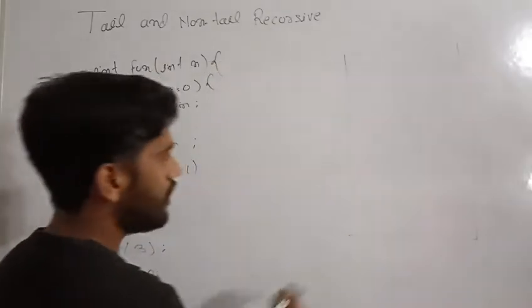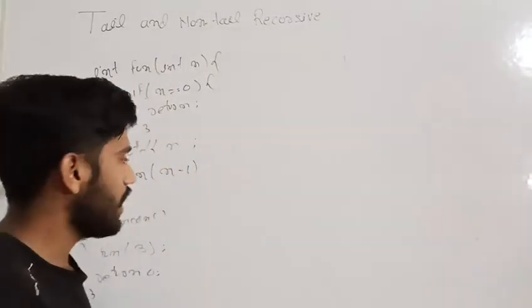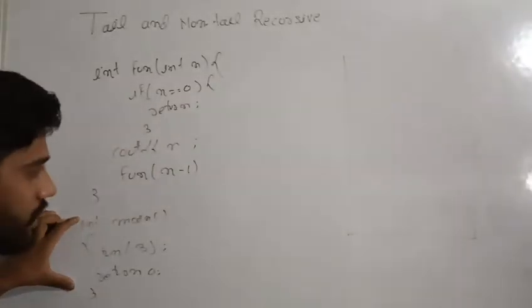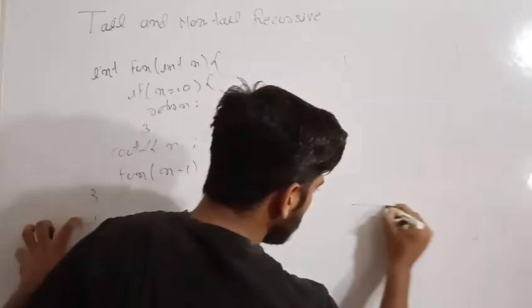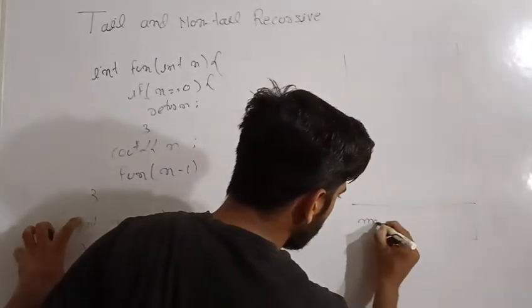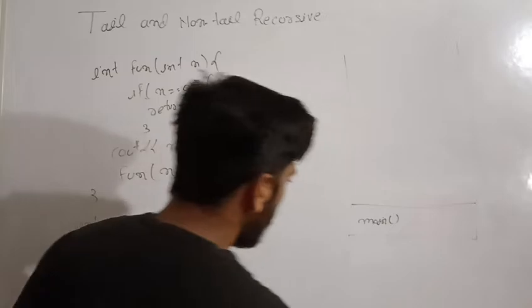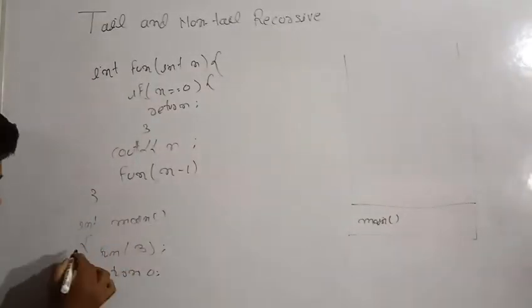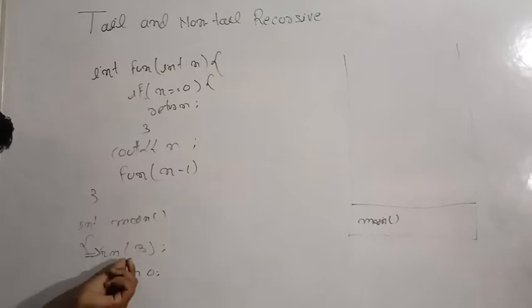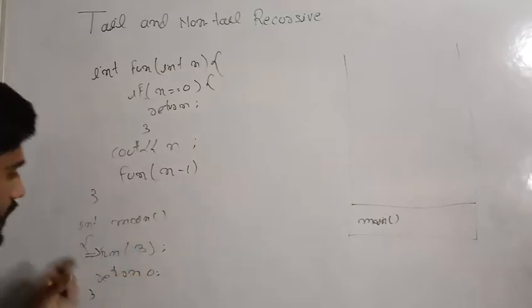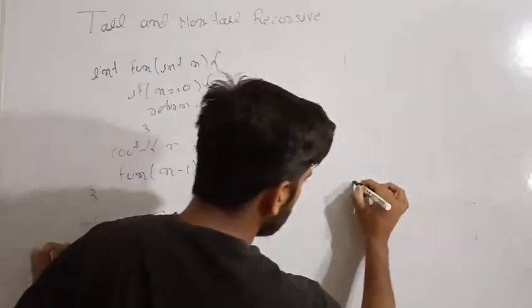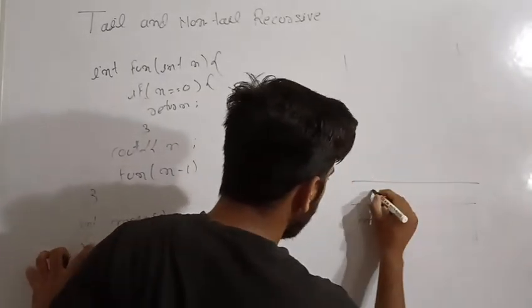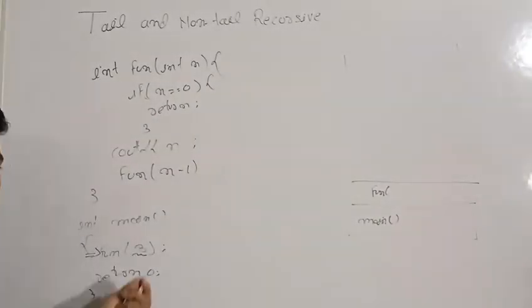This is the stack in memory. When the main function is invoked, it will be created in memory first. Then when the controller enters the main function, the func function will be invoked and take a stage here, and in this function the argument 3 will be passed.